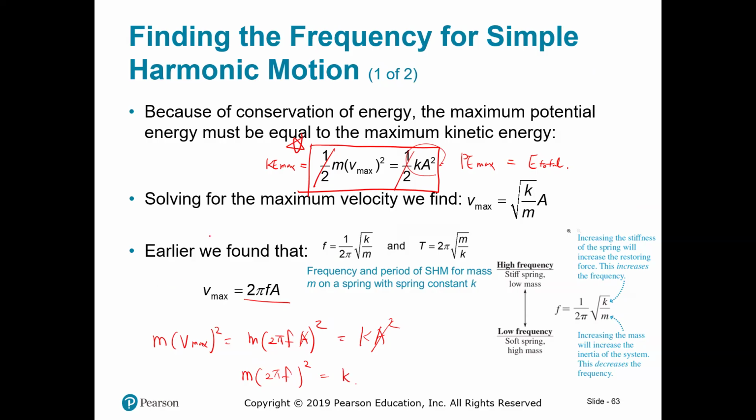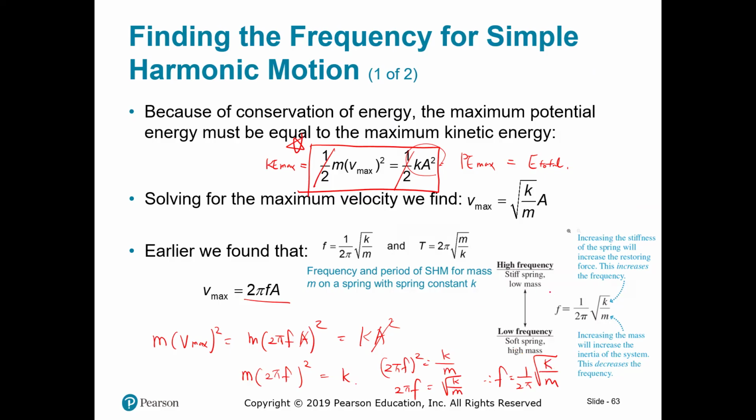So that means you divide both sides by M, so (2 pi F) square is K over M. So 2 pi F equals root K over M. So now your frequency is 1 over 2 pi root K over M, right?